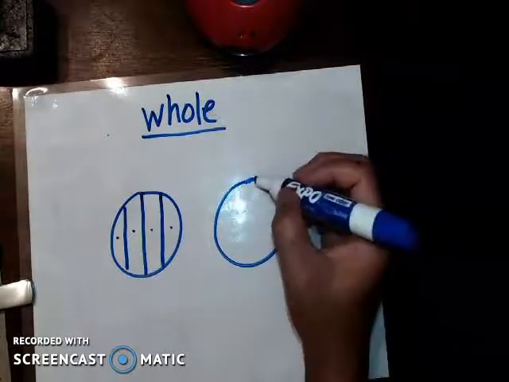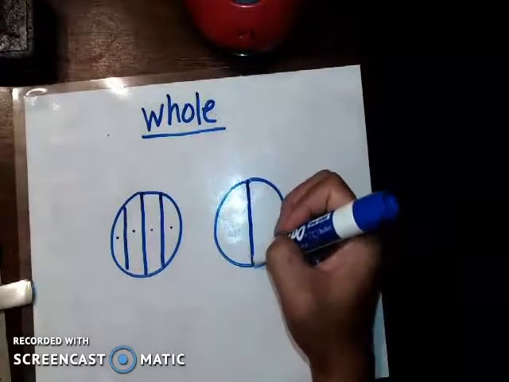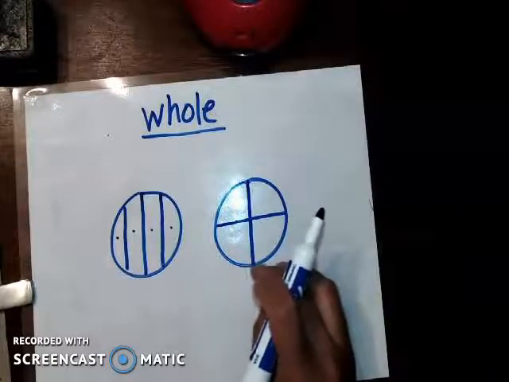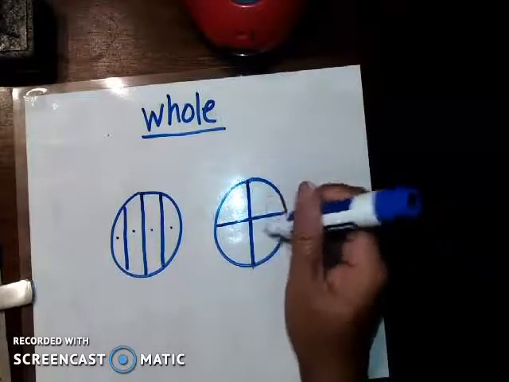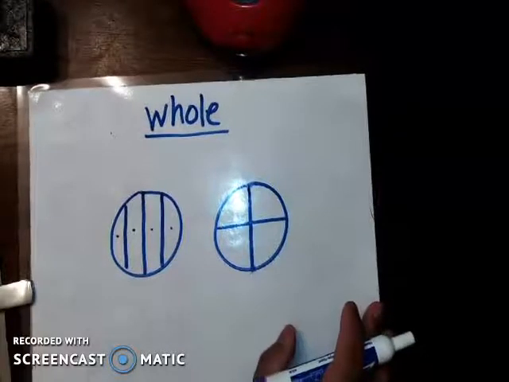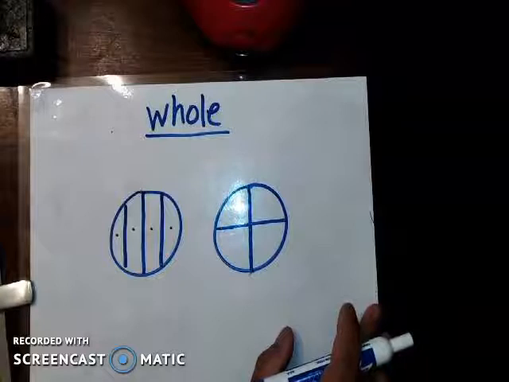And then we'll draw the second circle going like this. And make it as close to equal as possible. Boys and girls, pause the video where you need to and continue on where you can.